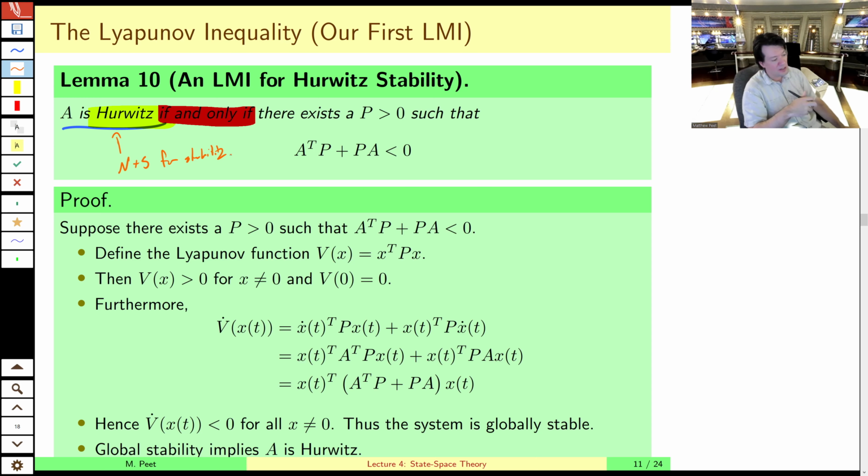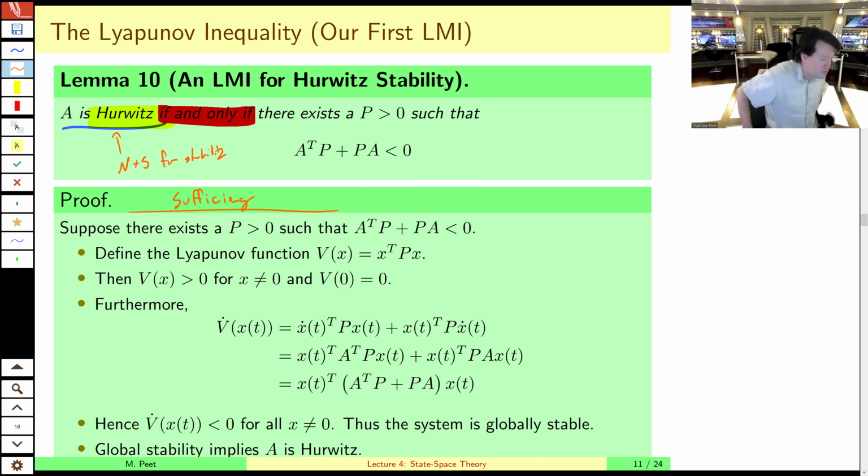The sufficiency part, which is this page, is very easy. Necessity is also relatively easy, but a little bit more complicated. It's also very interesting, so we'll cover that as well.